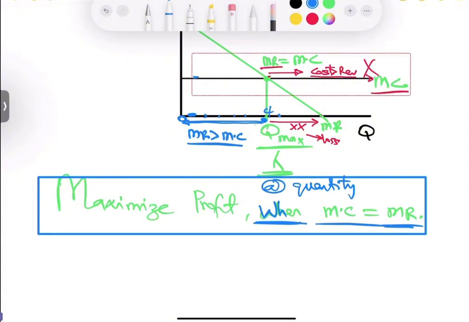So don't produce more than that and don't produce less than that. But even if you have to produce a different figure, you have to produce a lesser figure and not more, because a lesser figure will still be staying in the blue zone. But a higher figure will go to a red zone where you'll be making a loss.